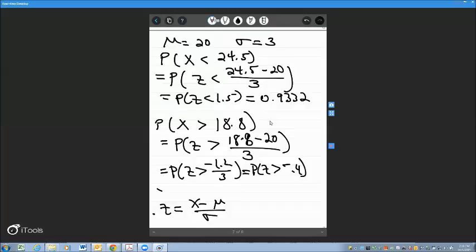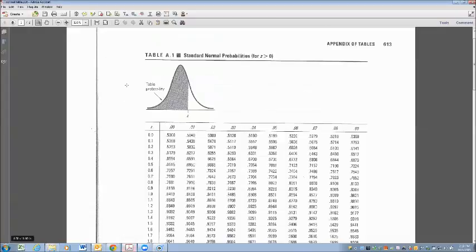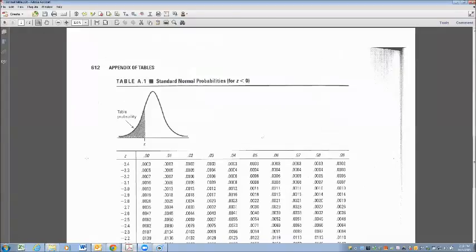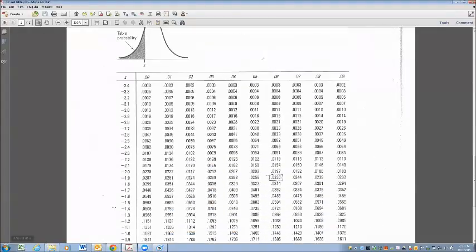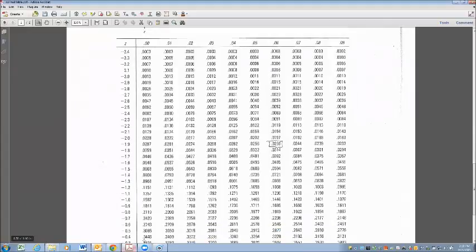Now remember, we have a greater than. That's 1 minus the probability that z is less than negative 0.4, which is 1 minus, let's look it up on our table, negative 0.40 is 0.3446.